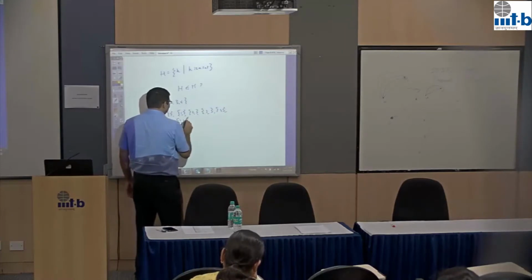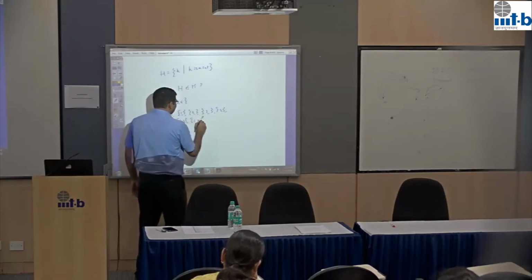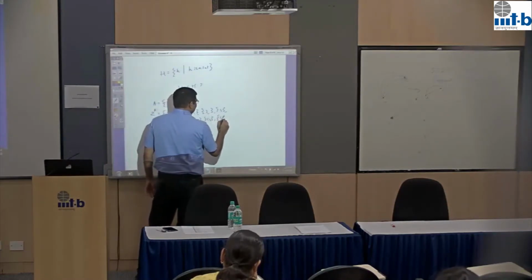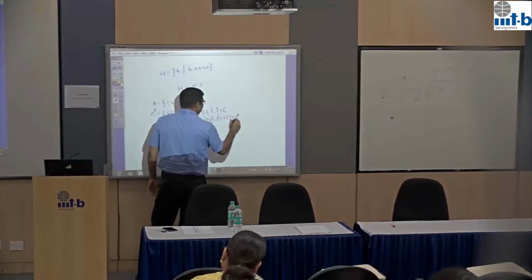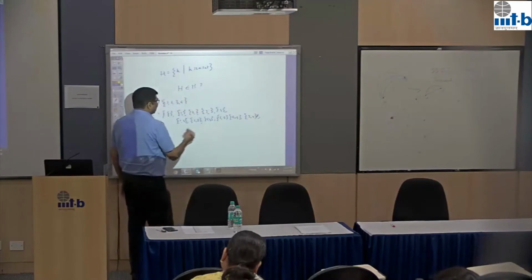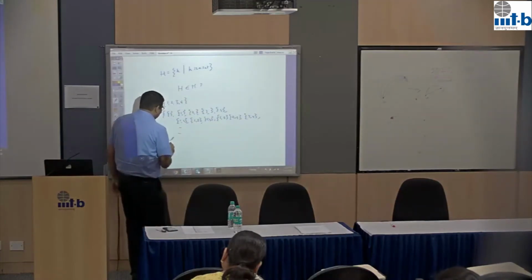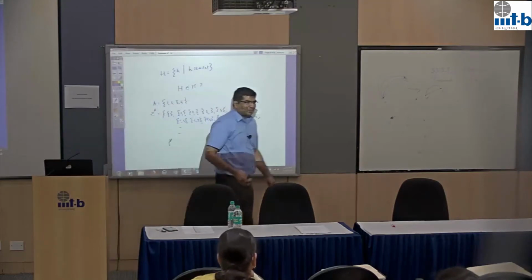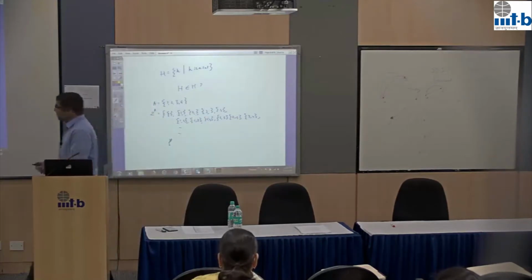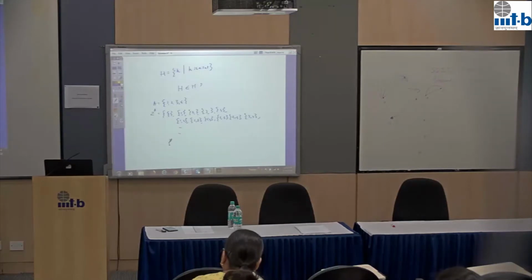Then you have 1,2; 1,3; 1,4; then 2,3; 2,4; 3,4, all 2-element sets, then 3-element sets, and so on. So totally you'll get exactly 16 subsets. And you can see that the cardinality of the power set is definitely bigger than the cardinality of the set. In fact, it's exponentially bigger for finite sets.